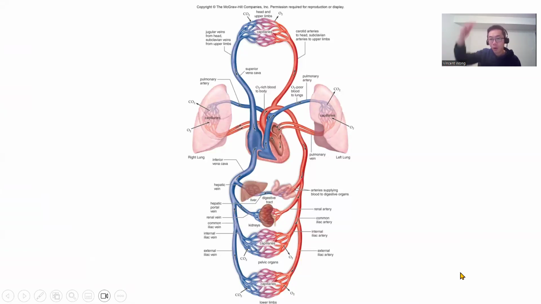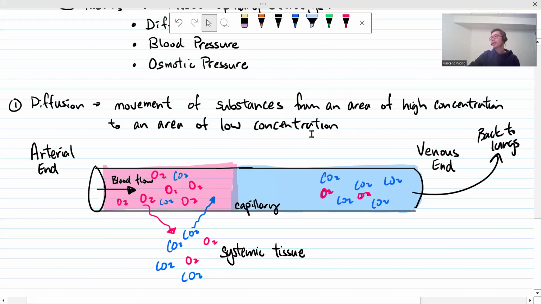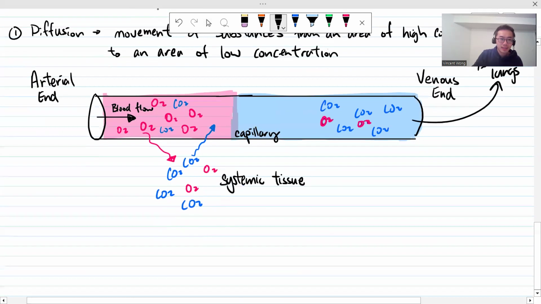So all these are systemic, right? Okay. Any other questions with the diffusion stuff? I hope it's reasonably straightforward.